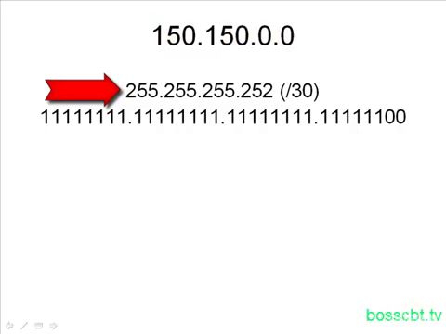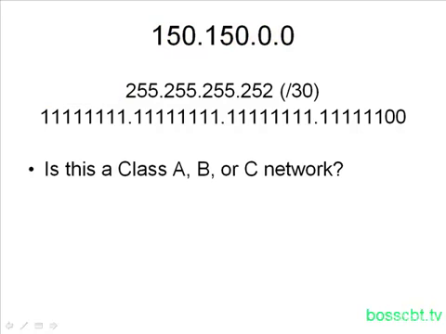So just like we did last time, let's go ahead and ask ourselves a question. Is 150.150 a Class A, B, or C network? The answer is going to be Class B, because 150 falls within the range of the Class B networks. That tells us that the first 2 octets are dedicated to the network portion and will not be changed.